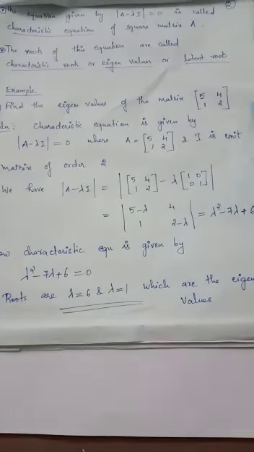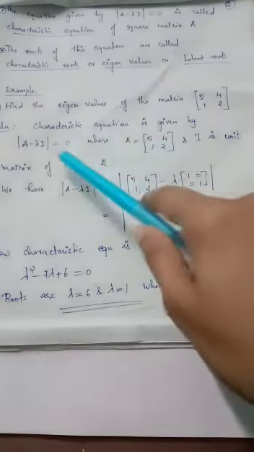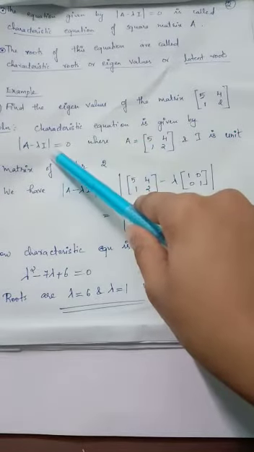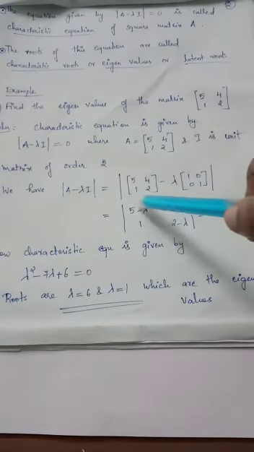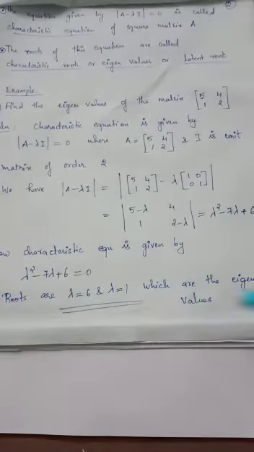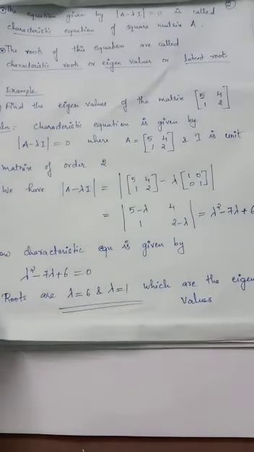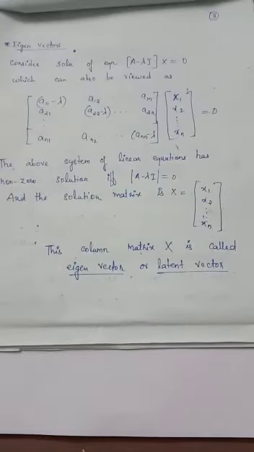Here in this question, we considered a 2 by 2 square matrix, so the identity matrix I will also be an identity matrix of order 2. After evaluating the determinant, we get the equation whose roots give us the eigenvalues of the corresponding 2 by 2 matrix. Let's pass on to the next concept, which is eigenvectors.